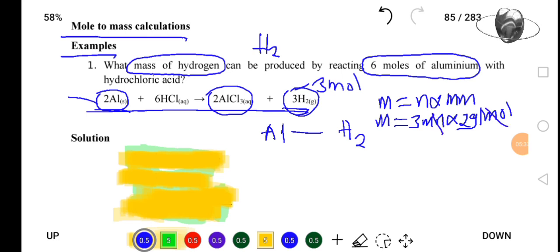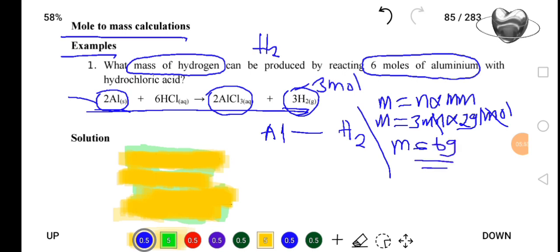So mass equals 6 grams. So it is mole to mass. Here we are saying when we react 2 moles of aluminium as indicated there, we are going to produce 6 grams of hydrogen.